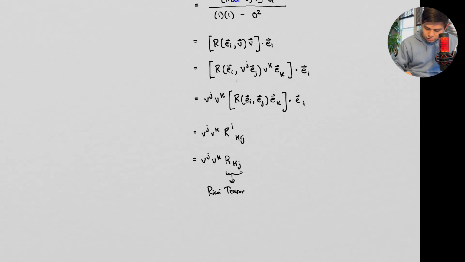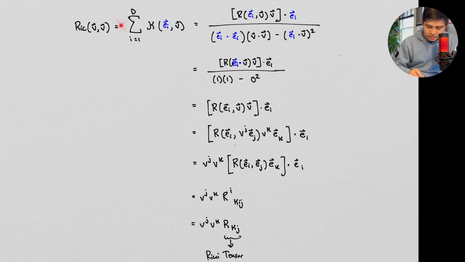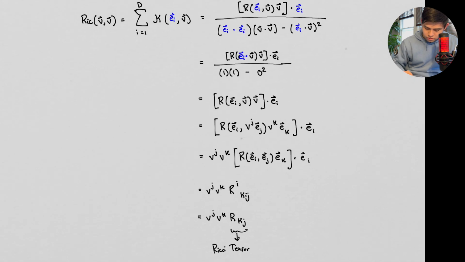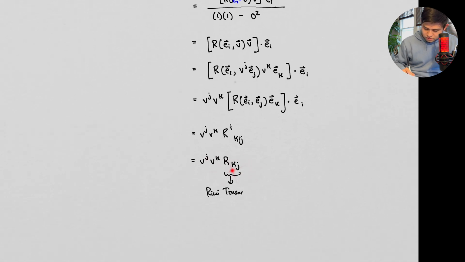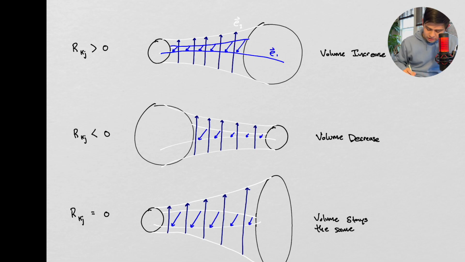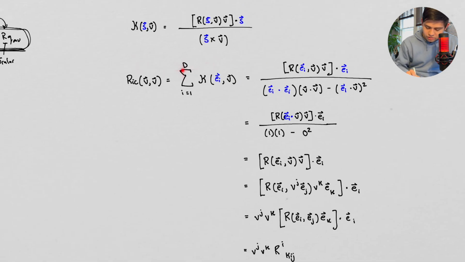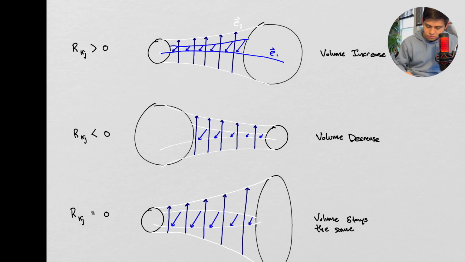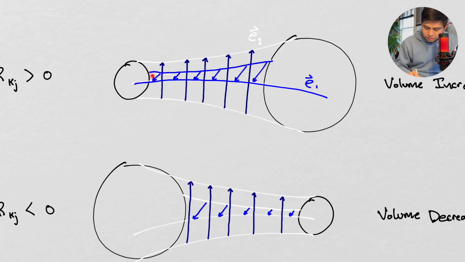And so we get to this point now where we've defined the Ricci tensor as the sum of the sectional curvatures, right? And we find here the Ricci tensor, and this is in component notation. So we're saying that the Ricci tensor is a sum of the sectional curvatures. If we take a look at the sectional curvatures, which is what we've seen before, the sectional curvature is one orthogonal section as we travel in some direction, and then the other orthogonal section as we travel in some direction.